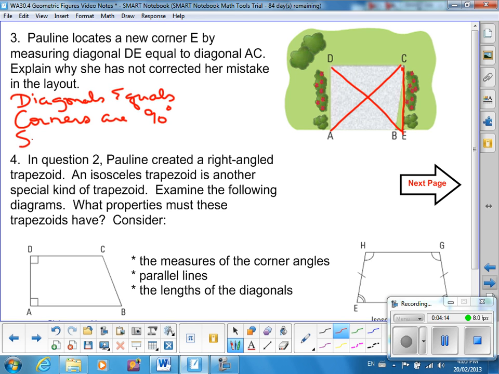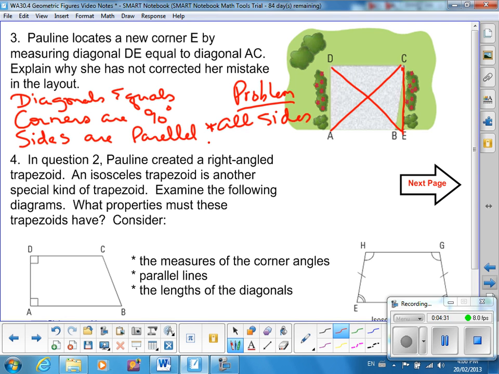She has two sets of parallel sides. But she has one problem. All sides are not equal. And she has created a rectangle.